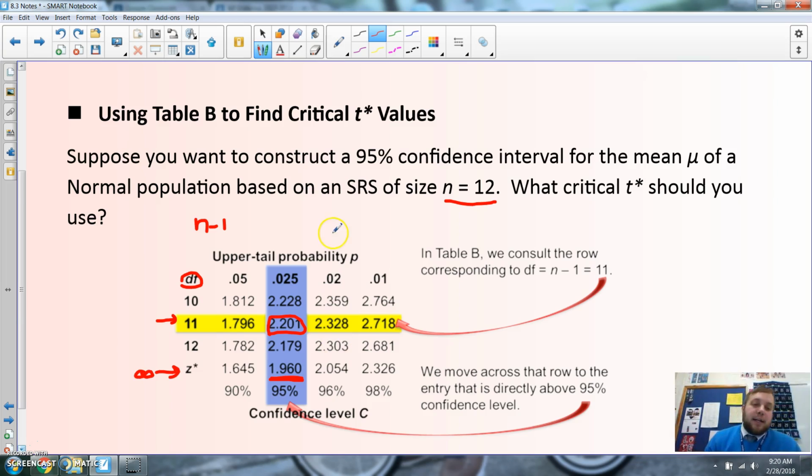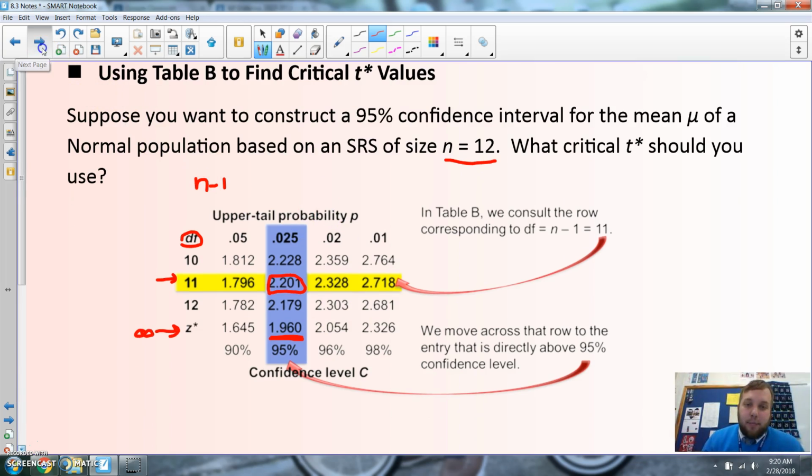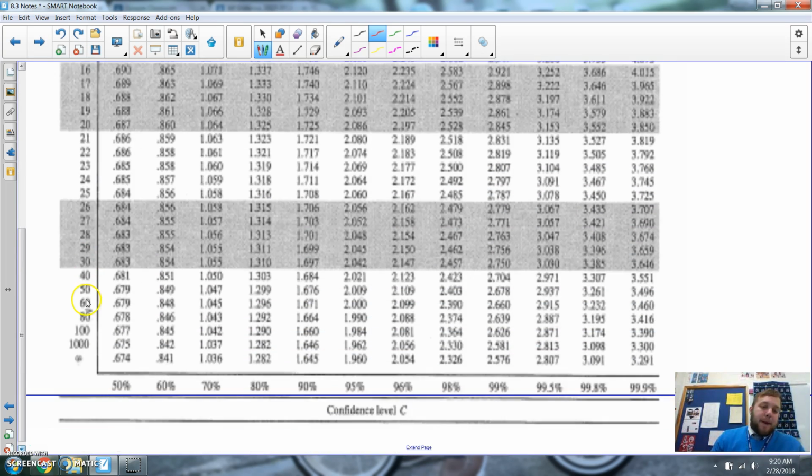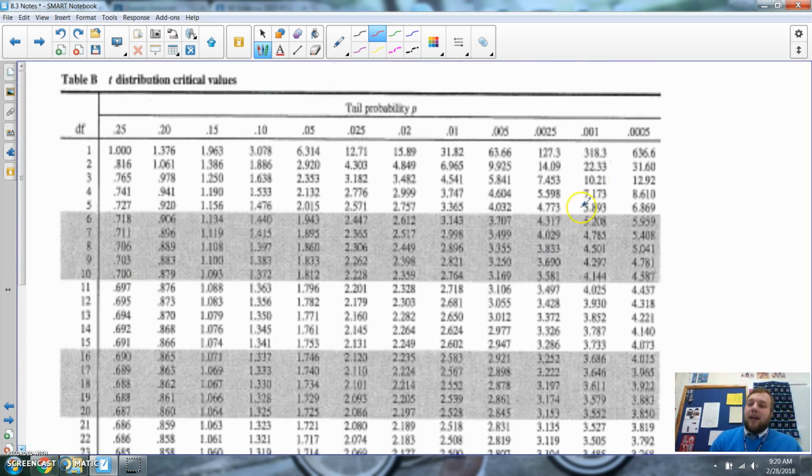So for instance, I think I have a page here. Yeah, here's table B. Here's your degrees of freedom. Let's say sample size, we're going to play a little game. Sample size is 21. What degrees of freedom am I going to use? I'm going to go to 20.